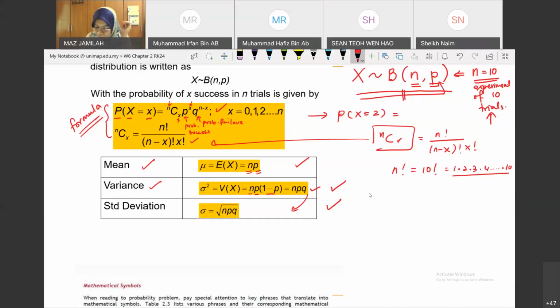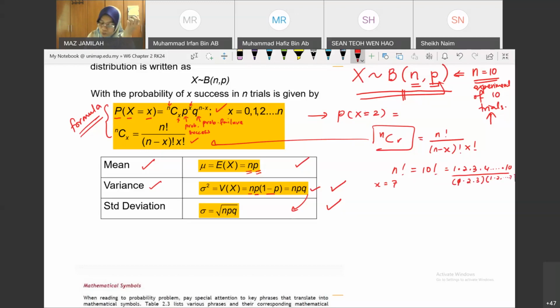Divided by, let's say x is equal to 7, so n minus 7 is 3 factorial, that is 1, 2, 3, multiplied with x is 7 factorial, so 1, 2, until 7.